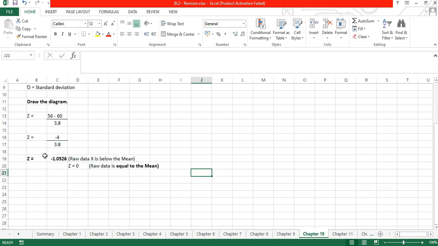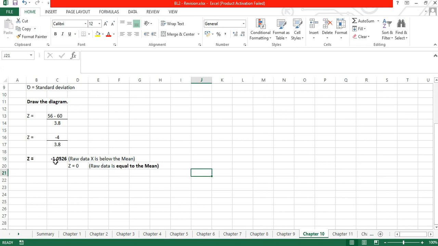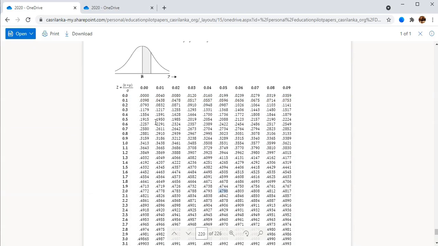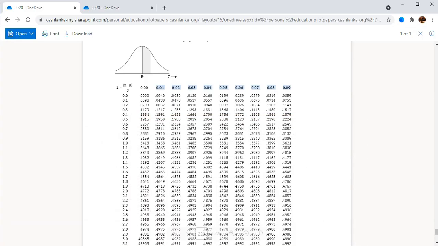Therefore, having found the z-score, let's go to the normal distribution table. In the normal distribution table, you have to search for 1.0526. You know that we first pick the number from the vertical axis, because the second decimal place is only in the horizontal line. So 1 is here and they want 0.5.